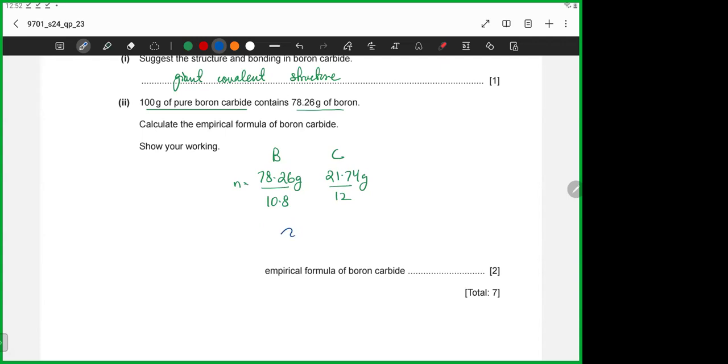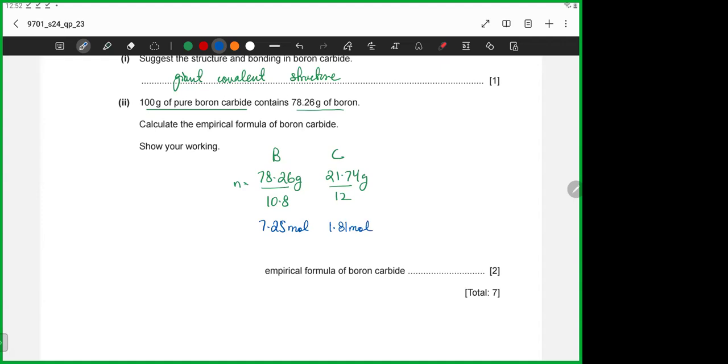What's the first one? 7.2463. What's the other one? The other one is 1.81.